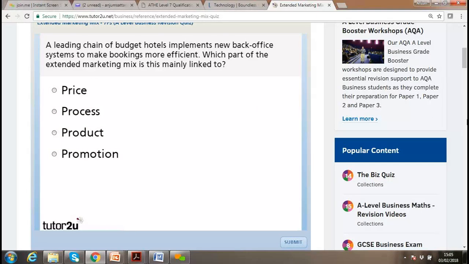Then next, a leading chain of budget hotels implements a new back office system to make booking more efficient. Which part of the extended marketing mix does this link to? Back office, is it linked to price, processes, product, or promotion? It's more efficient.